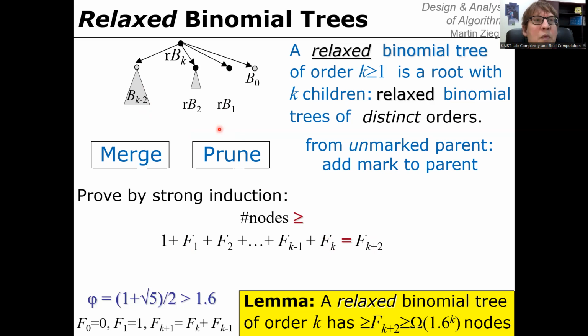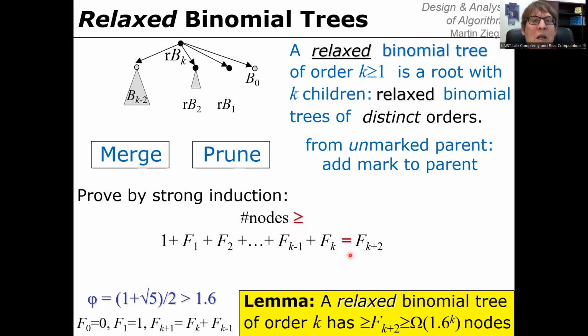And the least number of nodes of a relaxed B_{k-3} is f_{k-3+2}, and that's f_{k-1}. So that means by induction we can conclude that the number of nodes of a relaxed binomial tree of order k is at least this sum.